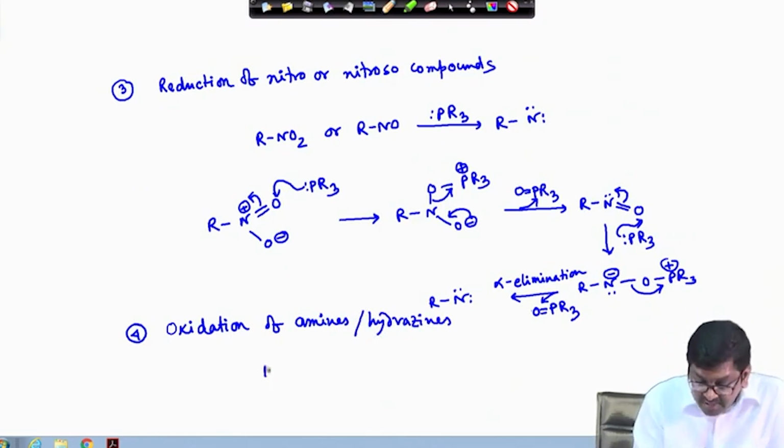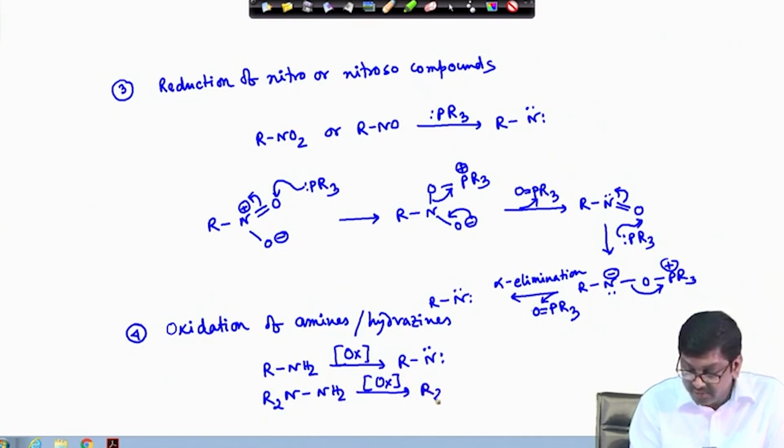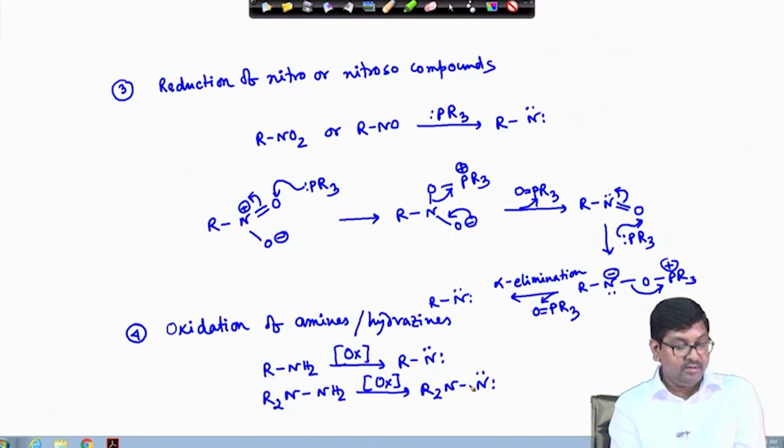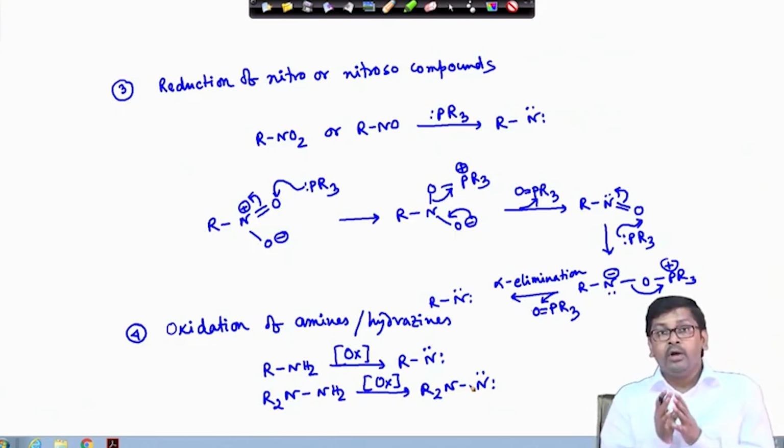So, if we take amines and in presence of some oxidant, this will give the nitrene, or hydrazine moiety, that is also in presence of oxidant, will give certain nitrenes. Okay.